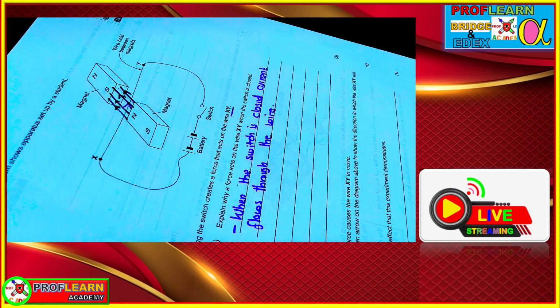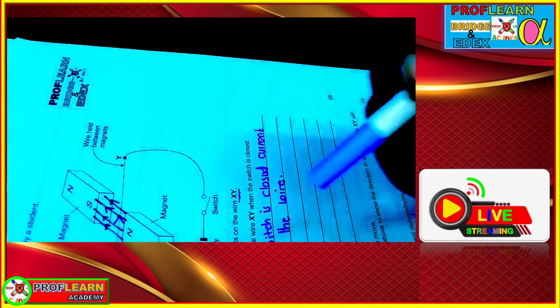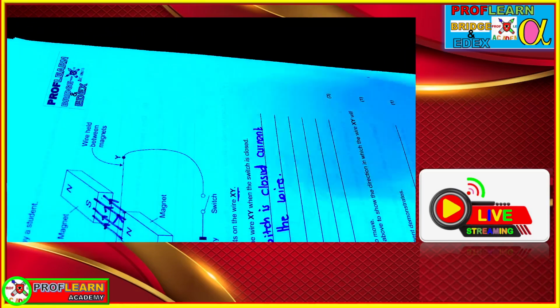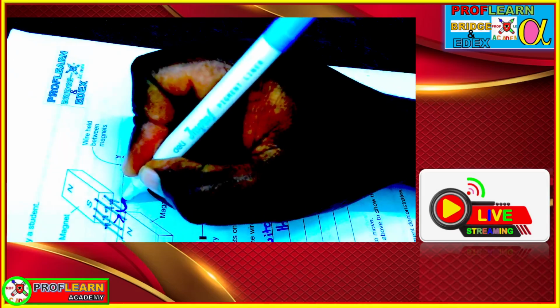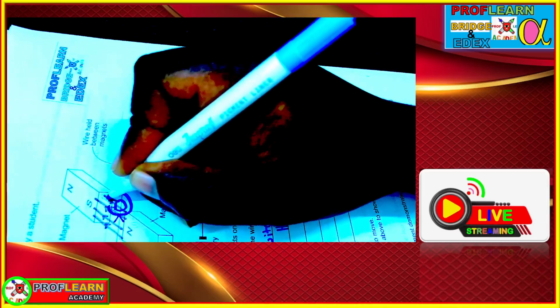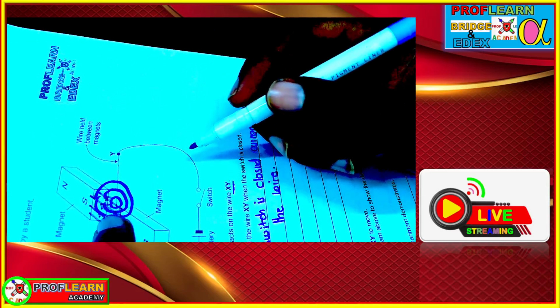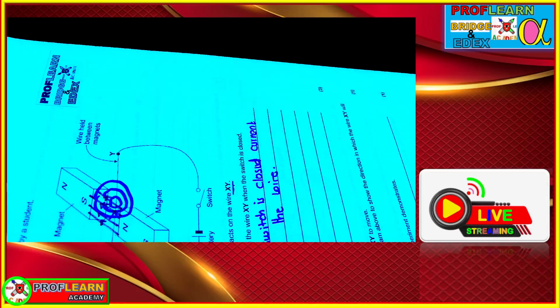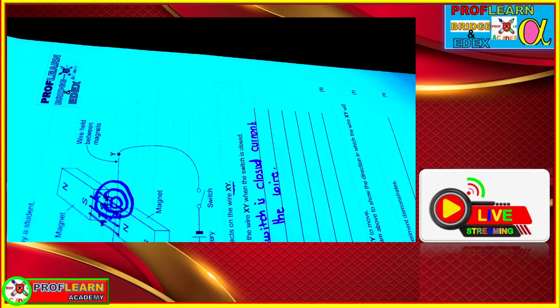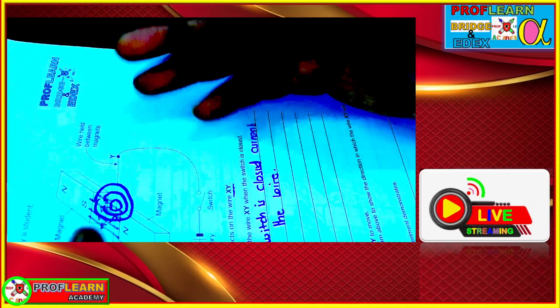When there is a current flowing through the wire, around this wire there will be concentric magnetic fields. These magnetic fields are going to interact with the fields of the permanent magnet. So there will be an interaction between two different magnetic fields.